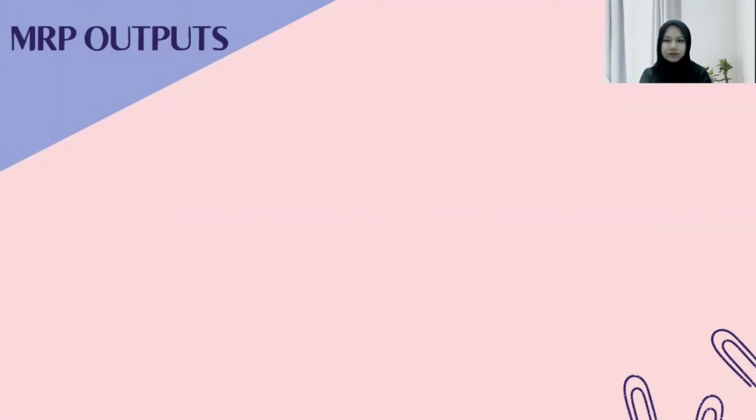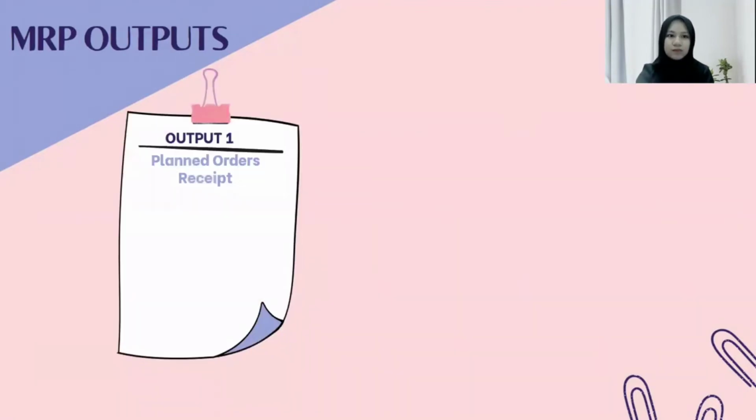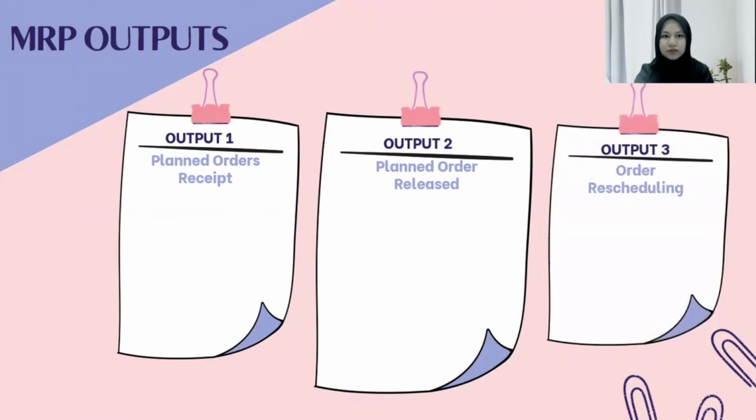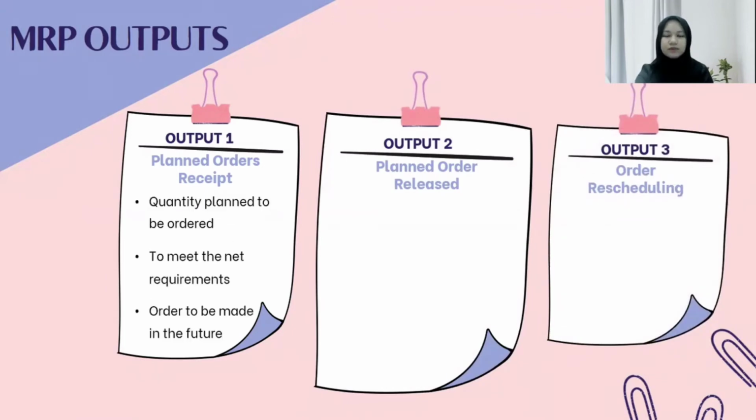For material requirement planning outputs, there are also three types of output. Output 1, planned orders received. Output 2, planned order release. And output 3, order rescheduling. For output 1, planned order received, it will plan the quantity of the materials that may need to be ordered. This is to ensure that it meets the net requirements and orders will be met in the future.